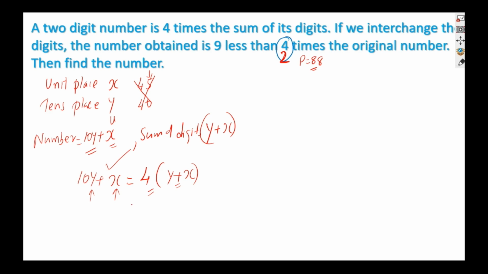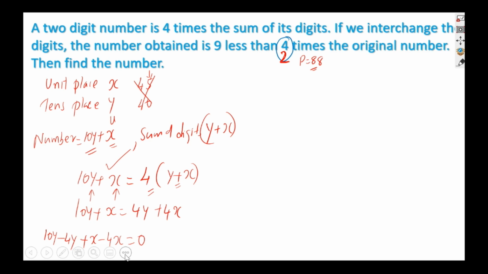From that we can derive an equation in terms of x and y, because we are in the chapter of linear equations. We should not forget that. So I can rewrite this as 10y plus x is equal to 4y plus 4x. If I bring everything onto the left side, y will become 10y minus 4y, and x becomes x minus 4x, total is equal to 0.